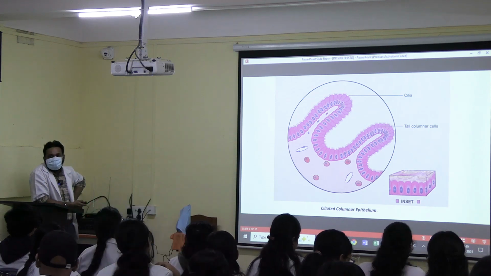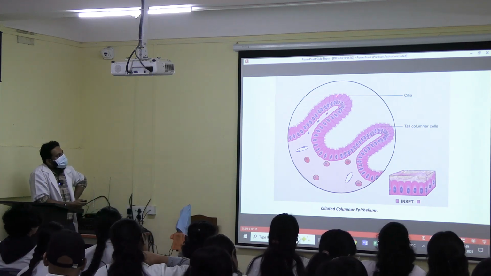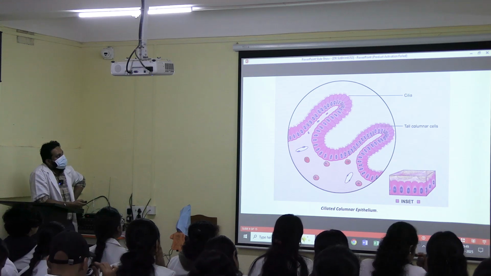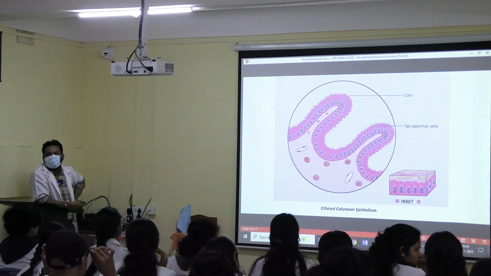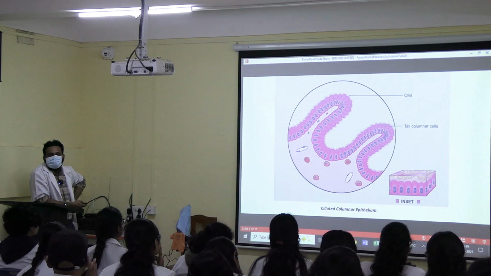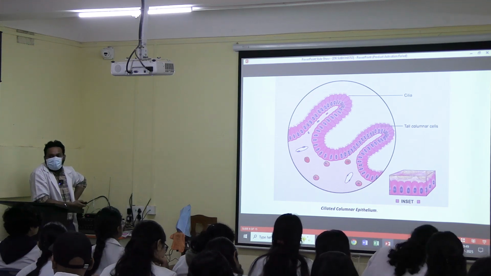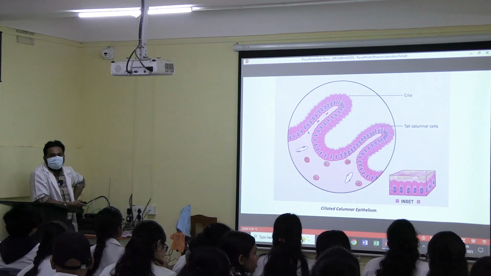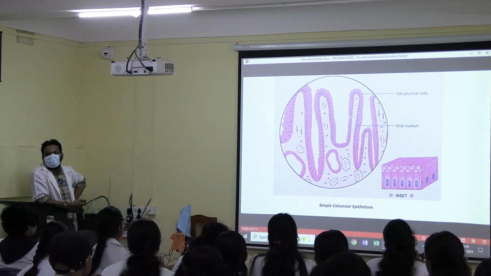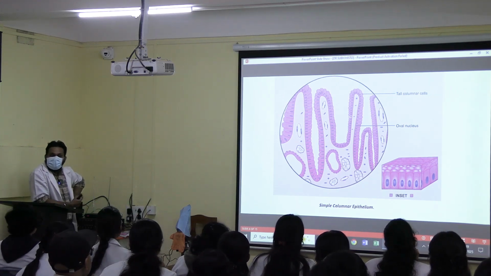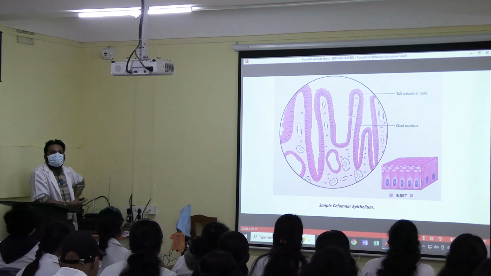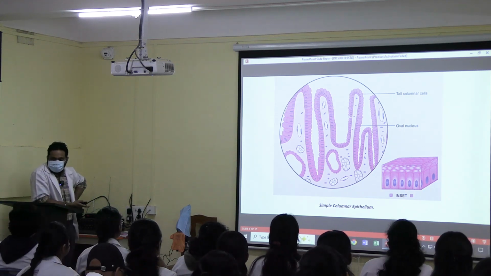Nuclei arranged in the basal region, elongated, but the surface has some modifications. That is cilia. Picture ले लिया सबने? These two will come under simple columnar epithelium.